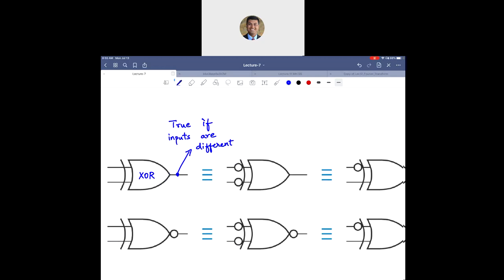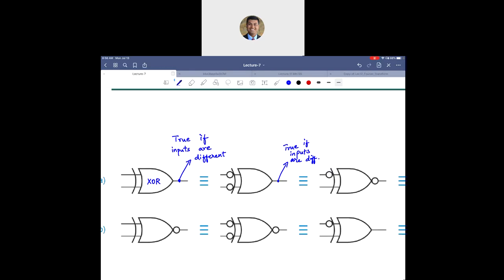Does it matter if I flip the inputs? If I flip the inputs, because I'm changing both the inputs, it doesn't really matter. You still have the same condition, right? True if inputs are different. You guys see that?